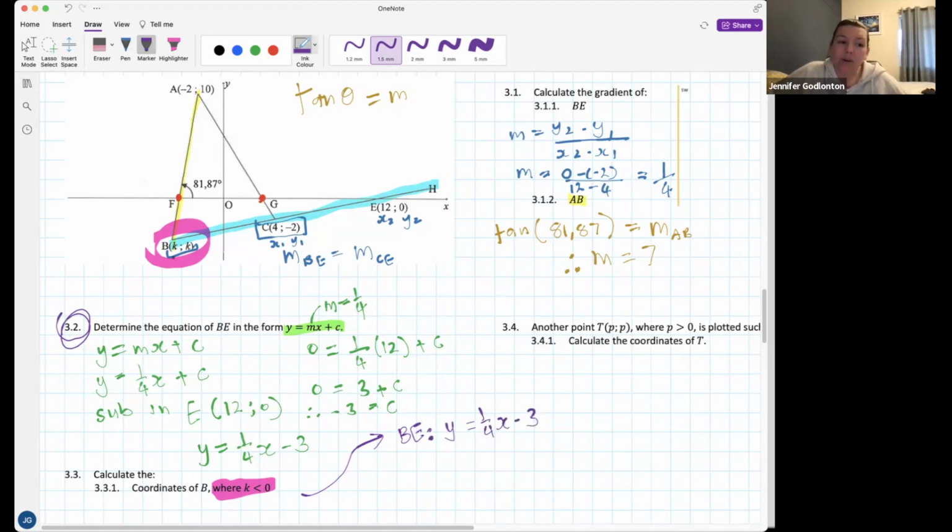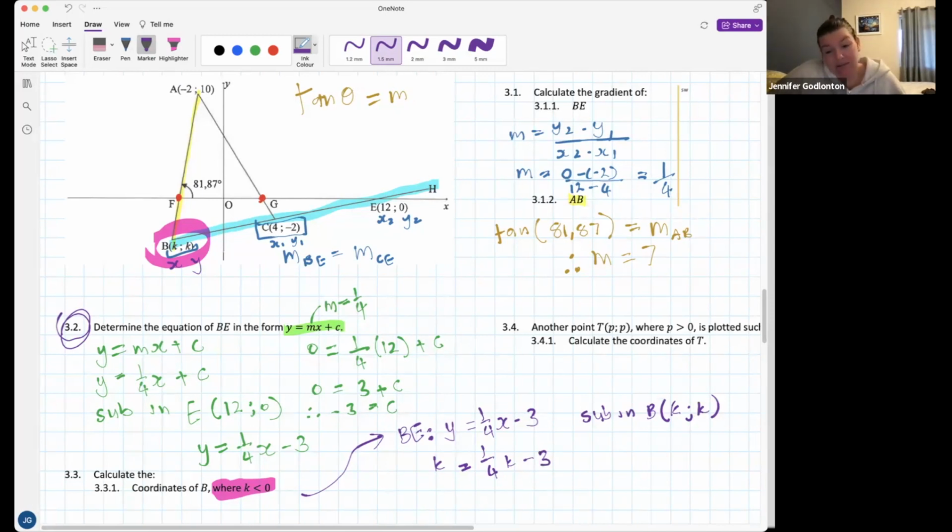We also know that that is an x value and that is a y value. So why don't we sub it in? Because we know that they're the same as each other, we can just sub in B, which is k and k. So K is equal to a quarter k minus 3.